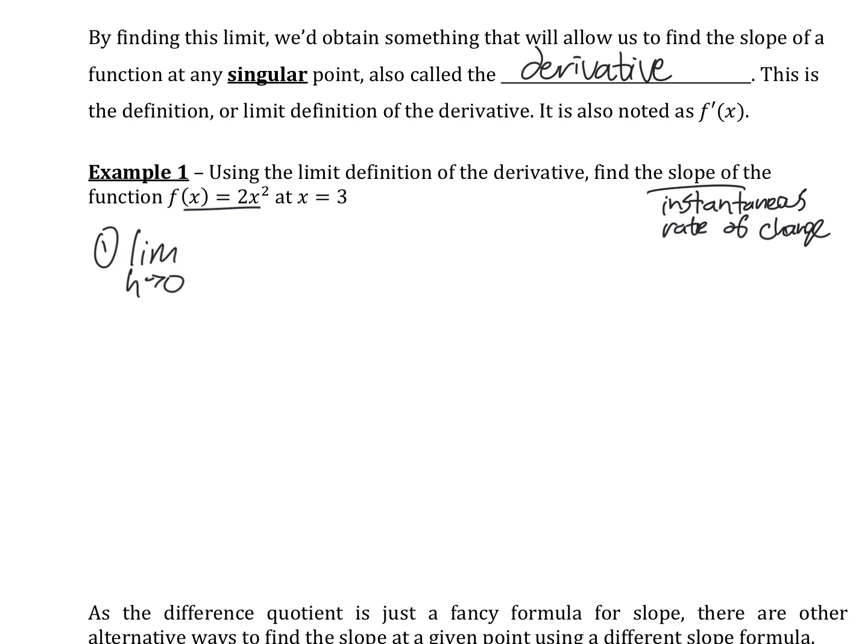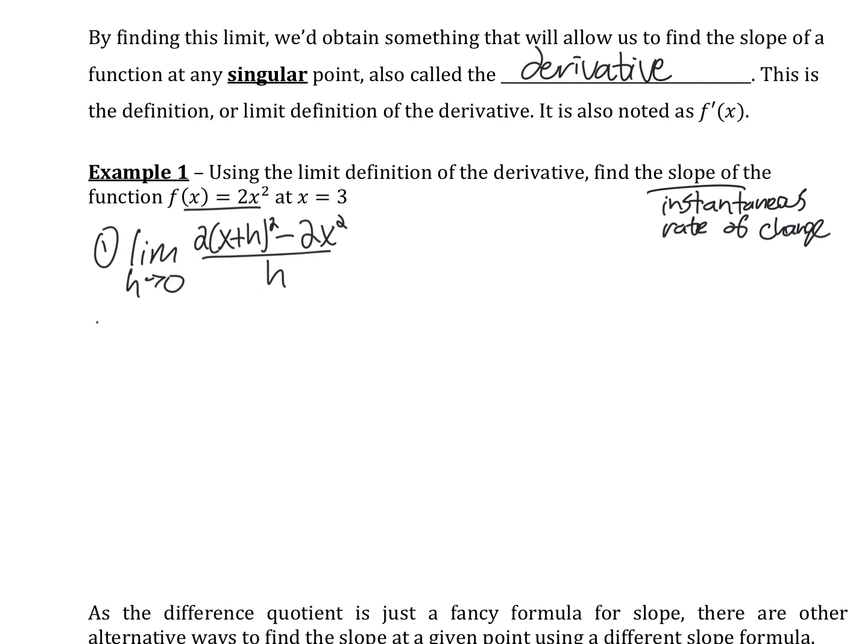So it's going to be 2 times (x plus h) squared, minus 2x squared. So it's f of x plus h minus f of x, all over h. Now if we try to solve this limit, we can't solve it, because h is 0.